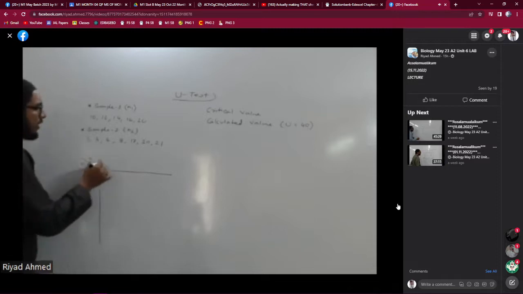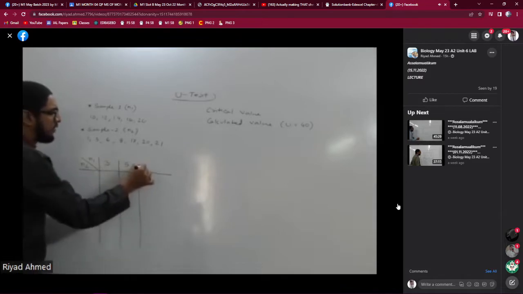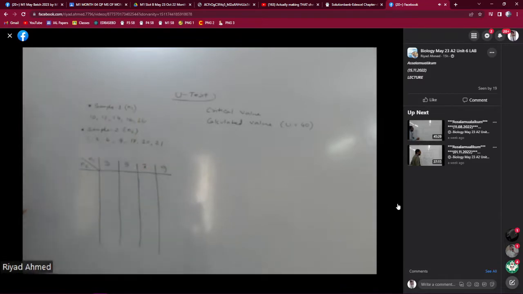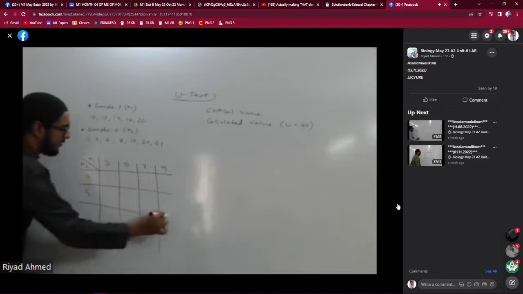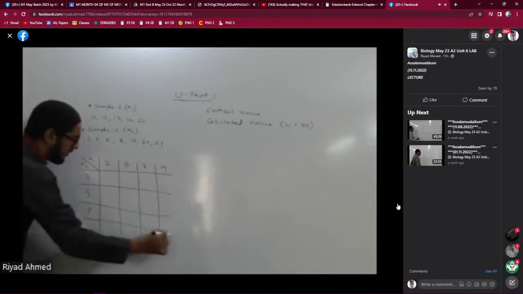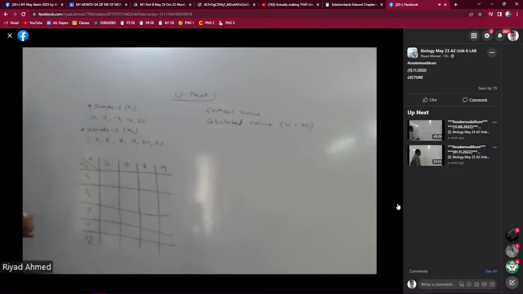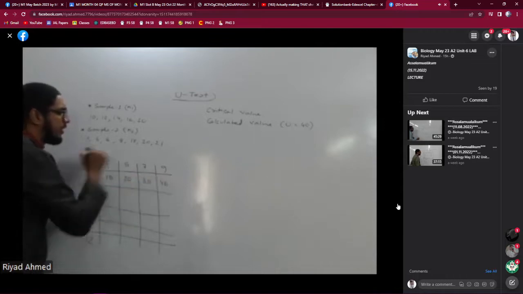For example, N1 is 3, 5, 7, 9. And for N2, here is 3, 5, 7, 11, 12. The values are 10, 20, 30, 40.